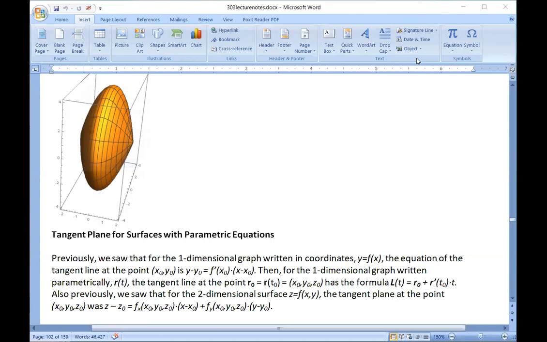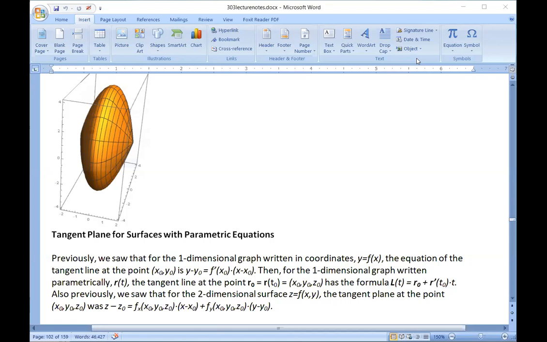Okay. Now we've also seen that for a two-dimensional surface, written with the formula z equals f of x, y, we can also get the tangent object, but since it's a two-dimensional surface, you get a tangent plane. So if you're at the point x0, y0, z0, we also know how to write down that equation.